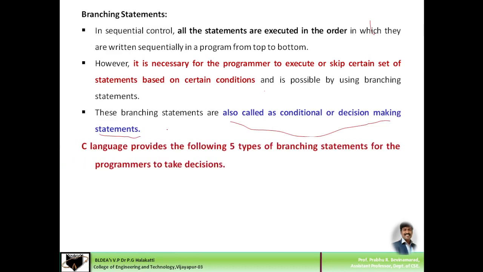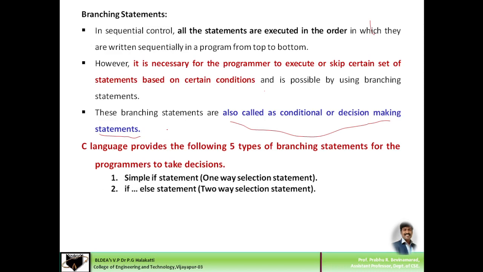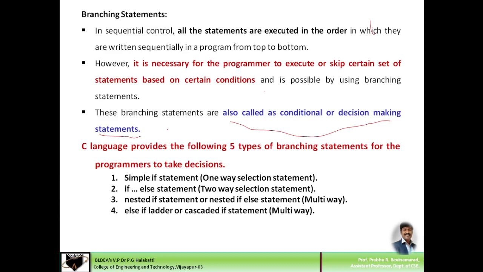So let us look at the different types of branching statements available in a C program. We have the simple if statement, if else statement, nested if statement, else if ladder, and switch statement. All these are conditional branching statements of a C program.